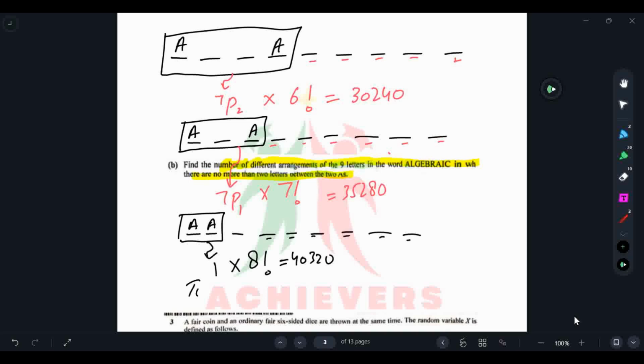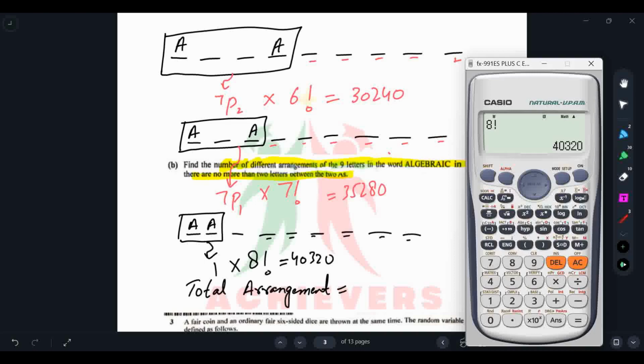Now the total number of arrangements will be the sum of these three. Total arrangements will be equal to, let me see, we have to add 40320 plus 35280 plus 30240.